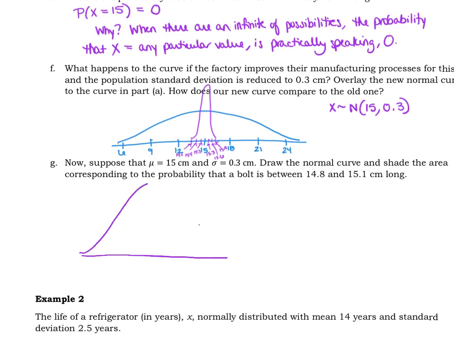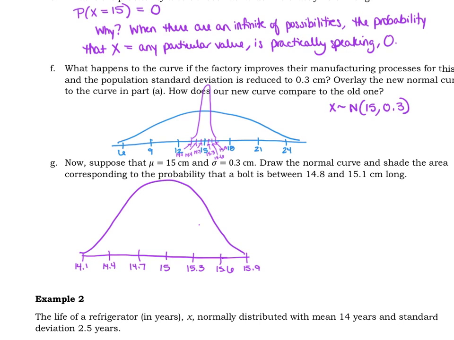And all we have to do to make that happen is scale a little differently. So here's my 15, 15.3, 15.6, 15.9, moving a standard deviation up, 14.7, 14.4, 14.1, going a standard deviation down.